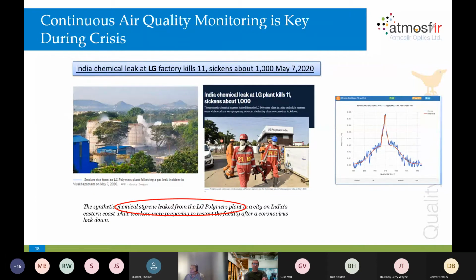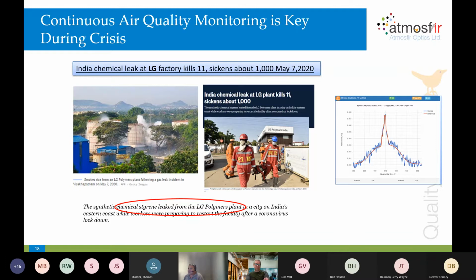Again, it's not just the refineries, and now with the COVID, we start the operation, we stop the operation, COVID, weather, all the world become crazy, and that situation can cause leaks.